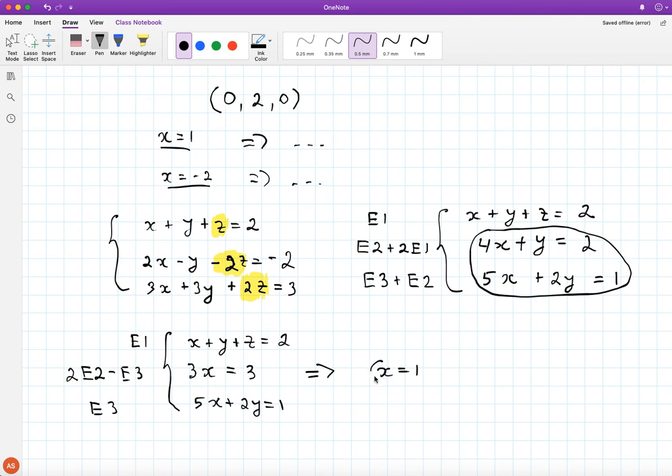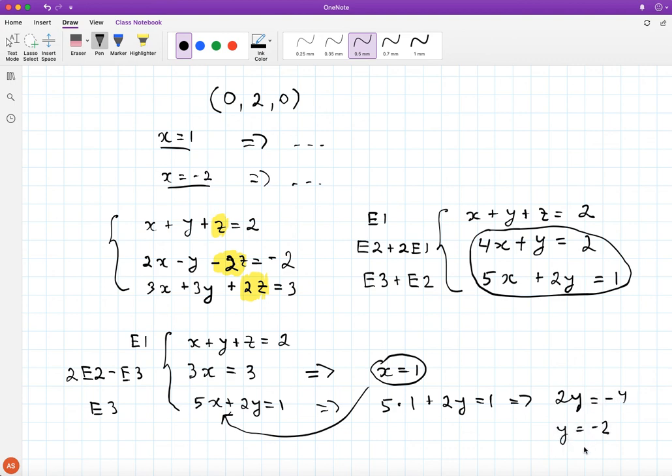Once we found the x value, we can plug it into the third equation and solve for y. 5 times 1 plus 2 times y equals 1, and therefore 2y equals -4 and y equals -2. Once we have the x and y values, we can plug them into the first equation, and then we can solve for z.